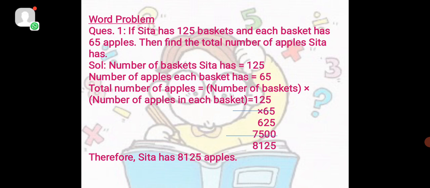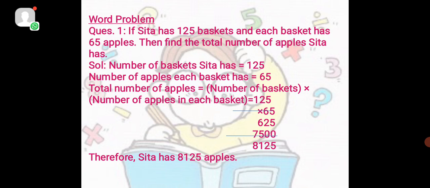When I multiply 60 with 125, I get the result 7,500. And at the last phase, we have to add 625 with 7,500.